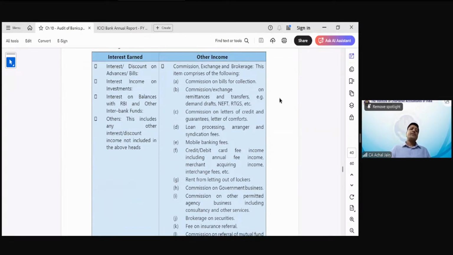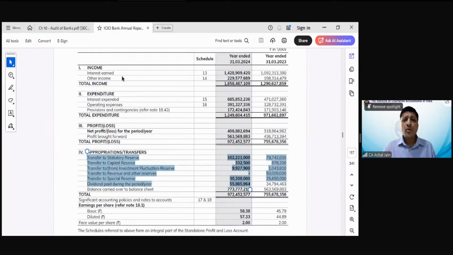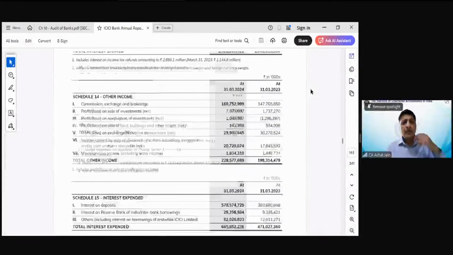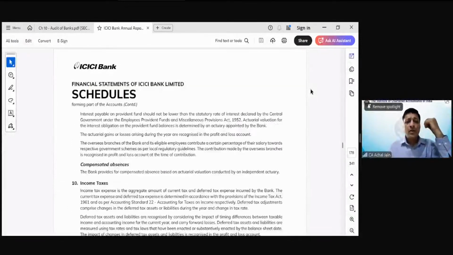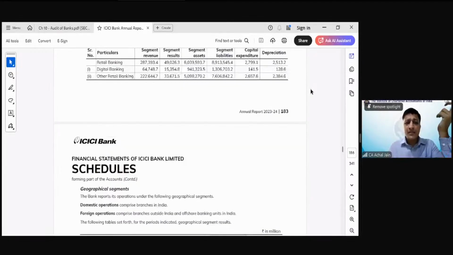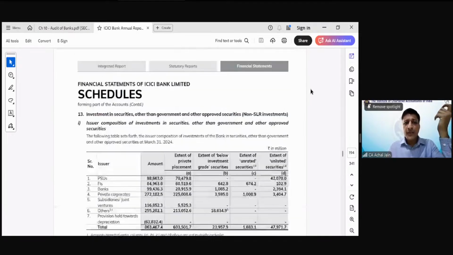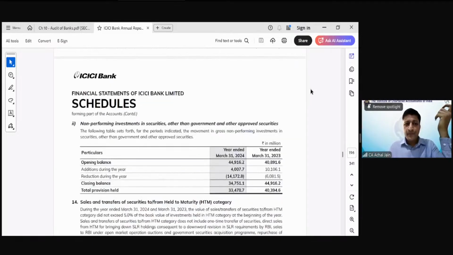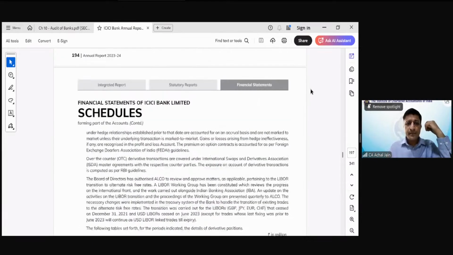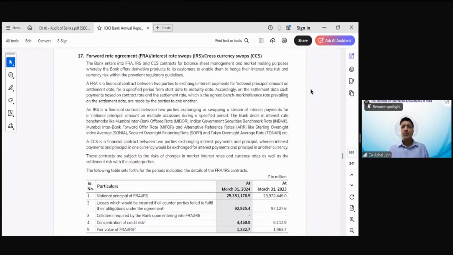Okay, so first, interest earned. Now, for this interest earned, we can also look at the split. So we can go to note number 13 and 14, wherein you will get to know the complete details as to what you will have in case of interest earned. Now let me just go to these notes.